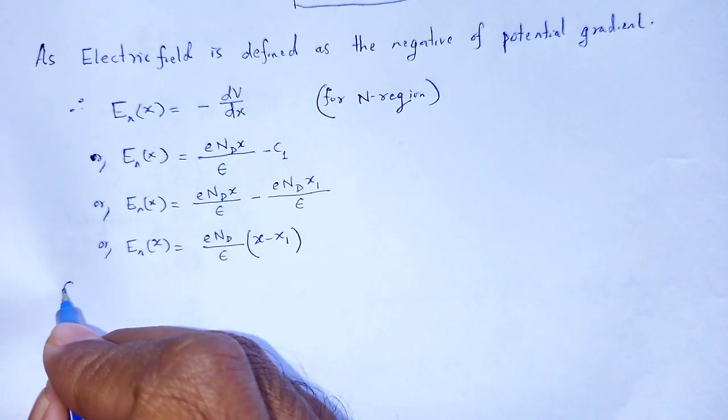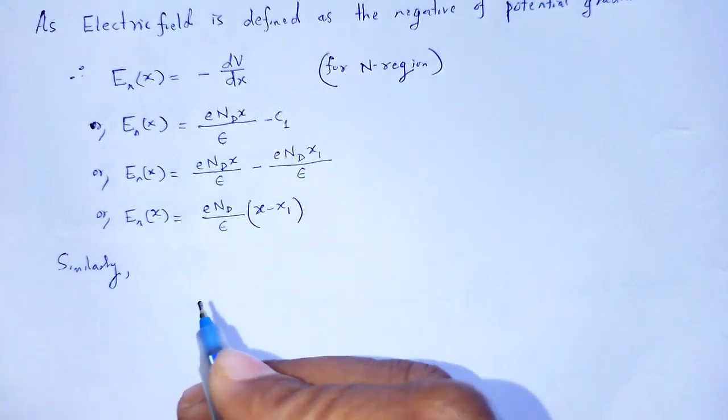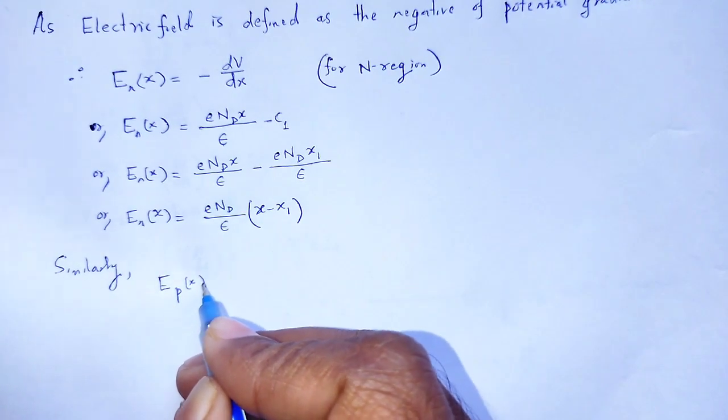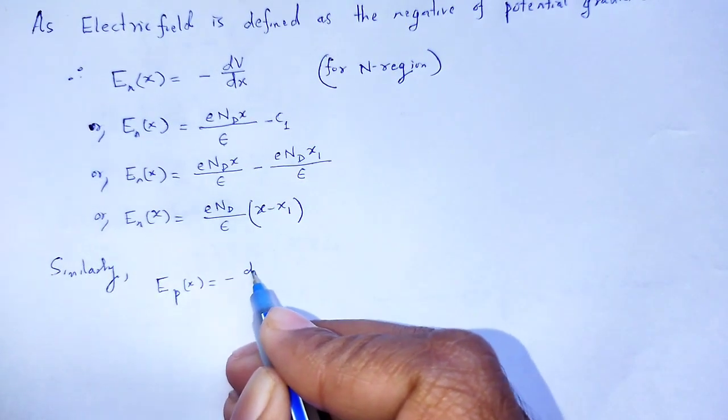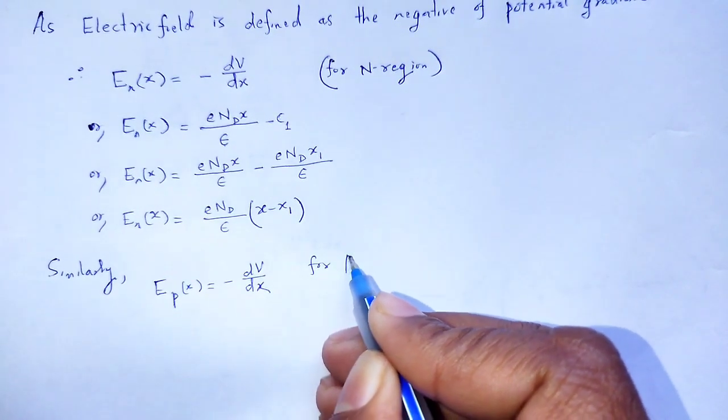Similarly, for p region E p of x is equal to minus dV by dx, that for p region.